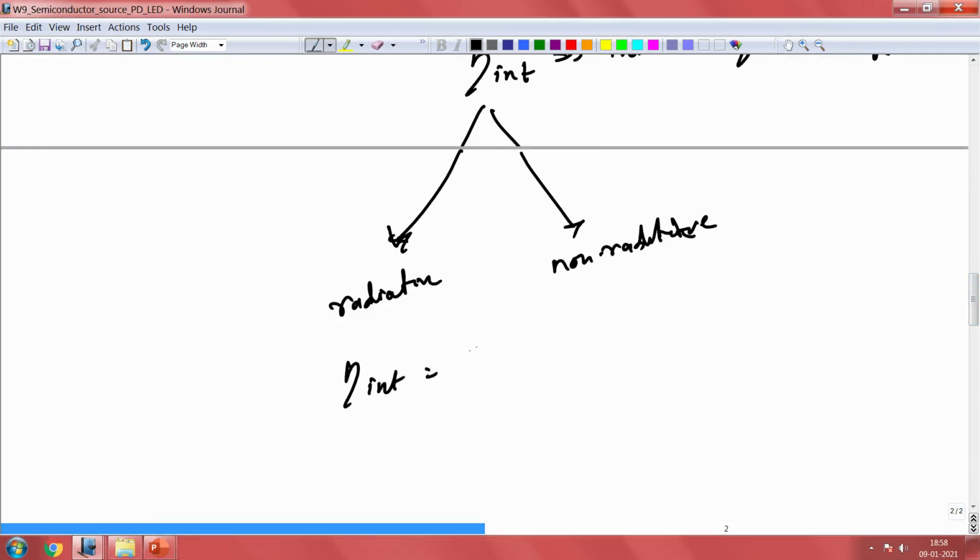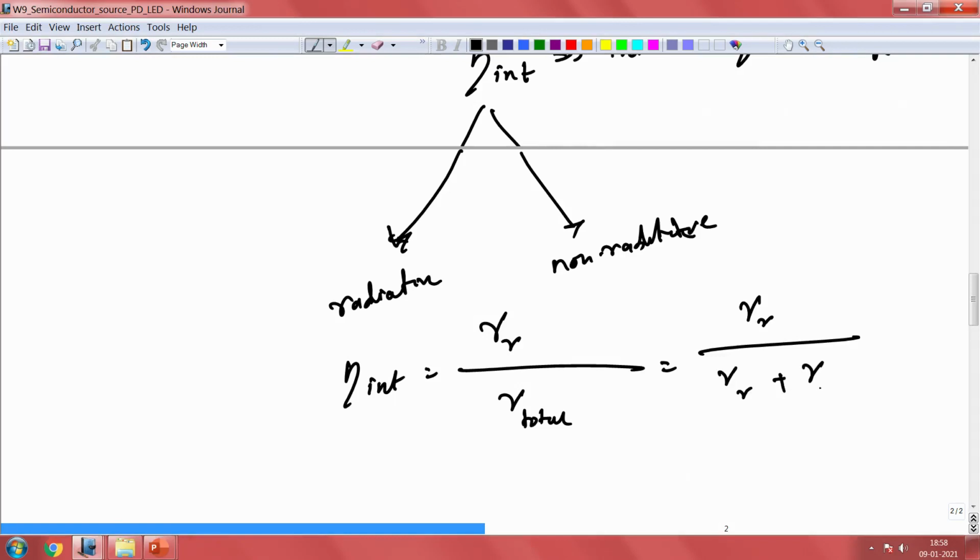So, the internal quantum efficiency depends on the radiative recombination to total recombination, right, and radiative recombination to radiative plus non-radiative. Okay. So, the NR is the non-radiative and RR is the radiative.